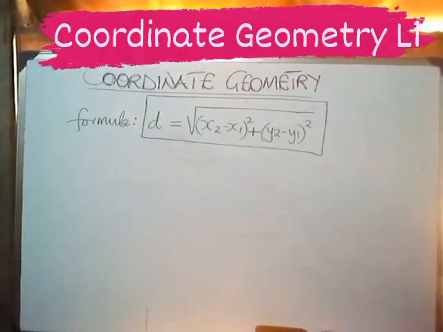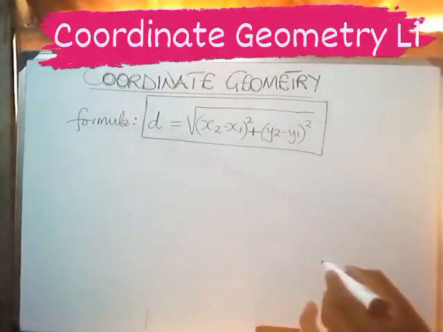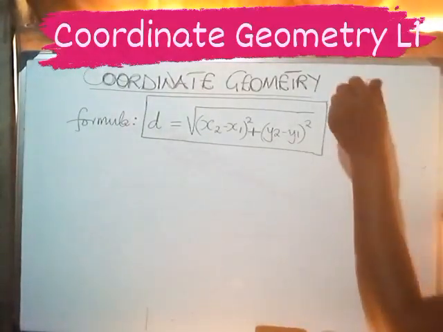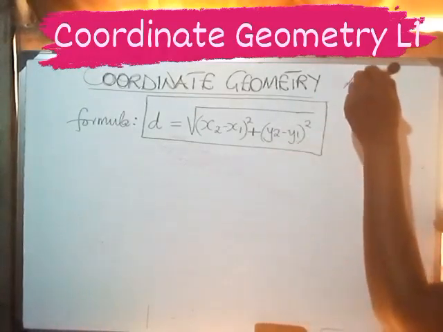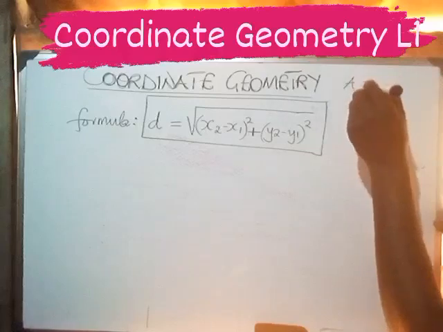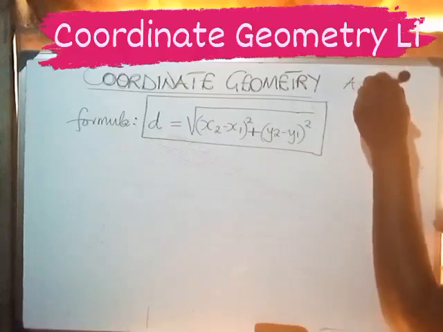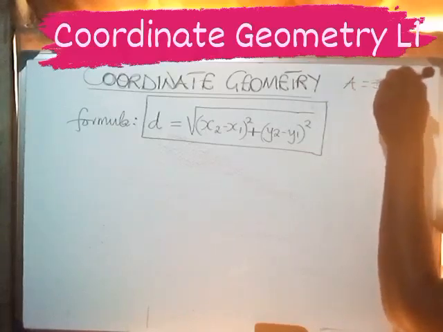So this means that in an event that you have been given 2 coordinates, like in the previous question, we had our A, it was -3, 3.